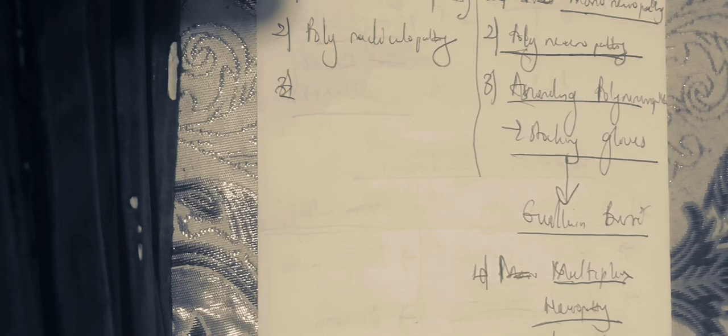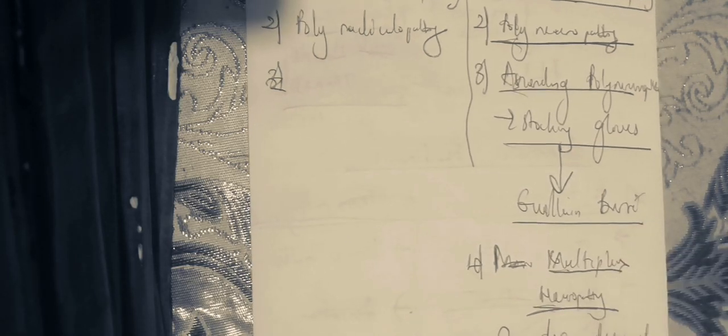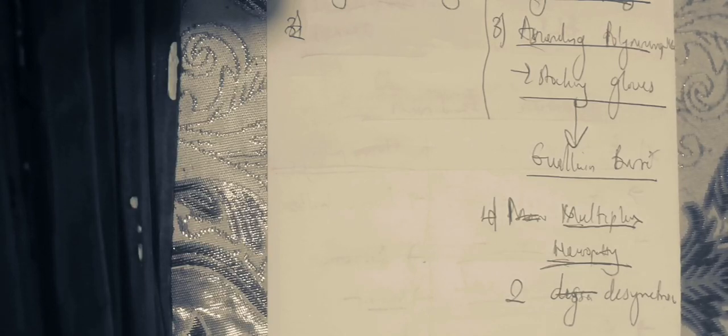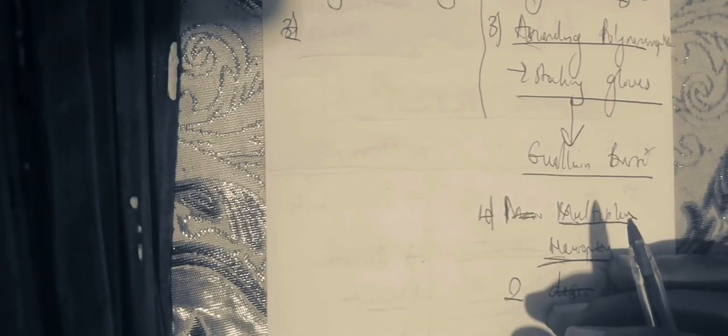Or the lower limb on the left side, the upper limb on the right side, that's a multiplex neuropathy. Is it clear? So those are the different neuropathies that we can have and how they can be associated with the physical examination. Now, after visualizing the neuropathies and the presentation, we now need to visualize the etiologies, how the etiologies are going to present, how the complications are going to present.